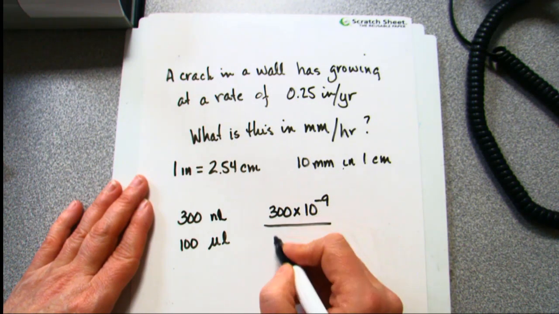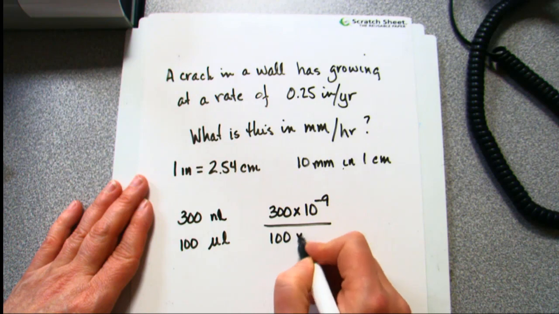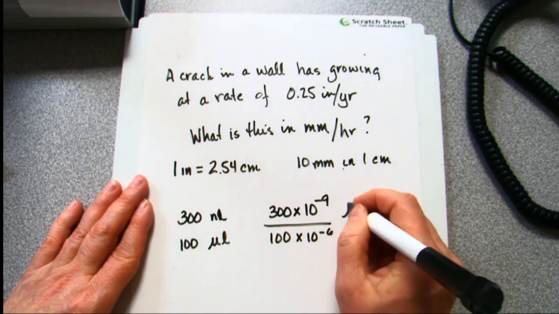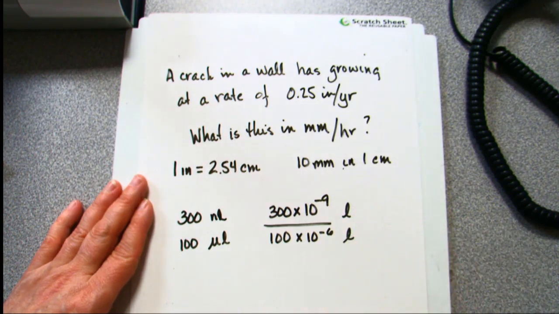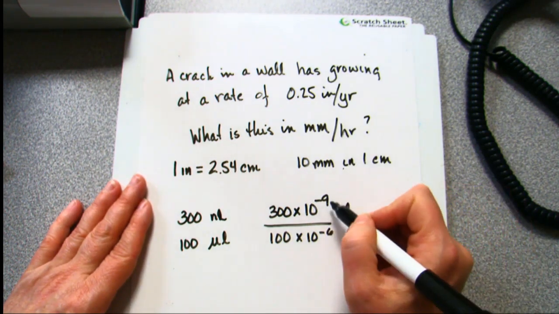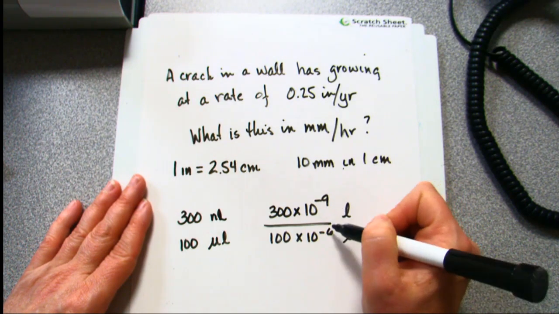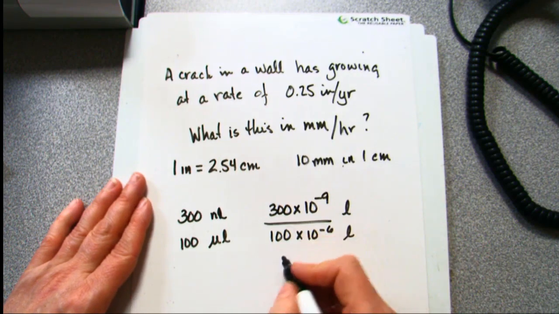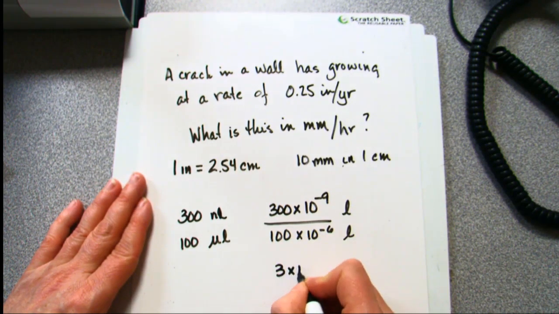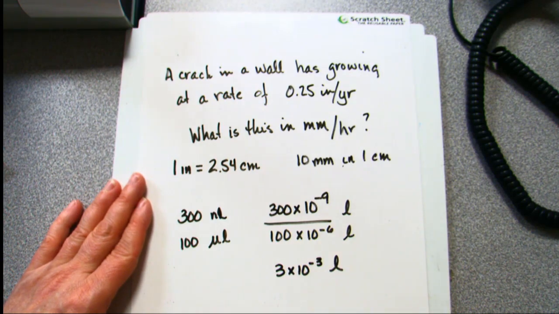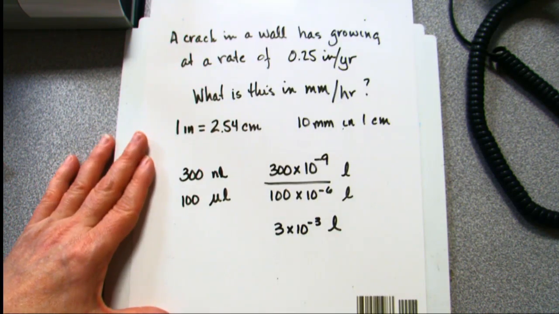And 100 microliters is going to be 10 to the minus 6. And so these are now both in liters, so that's nice. But remember how you handle exponents. If I'm doing this, my answer now is 3 times 10 to the minus 3 liters.